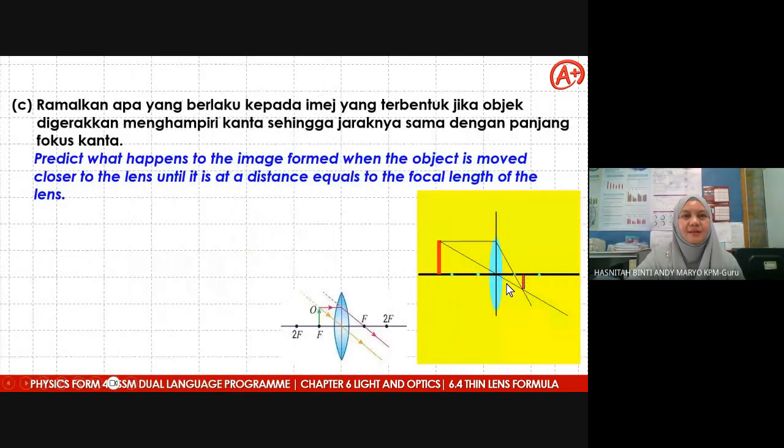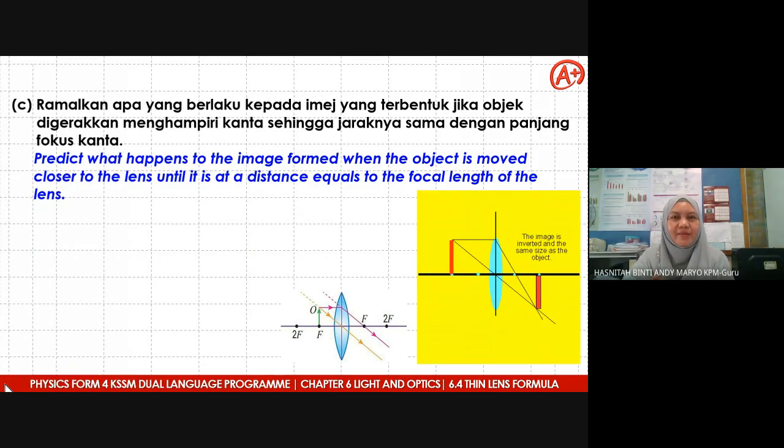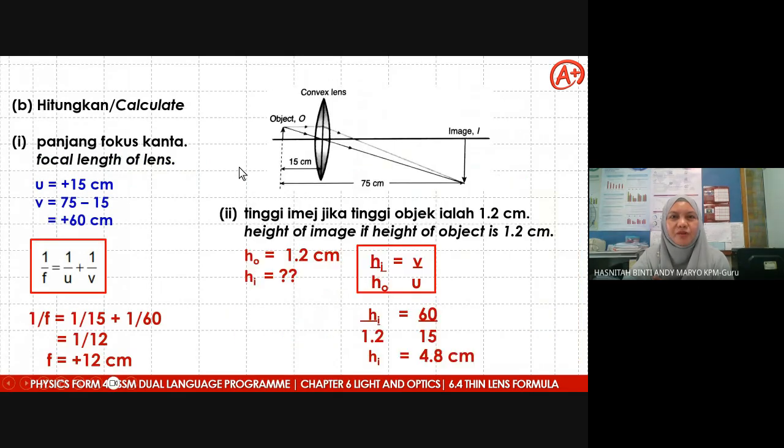Next, the third question. Predict what happens to the image formed when the object is moved closer to the lens until it is at a distance equal to the focal length. Previously, from the diagram, we placed our object 15 centimeter from the lens, and this lens has a focal length of 12 centimeter, which means the object is in between F and 2F.